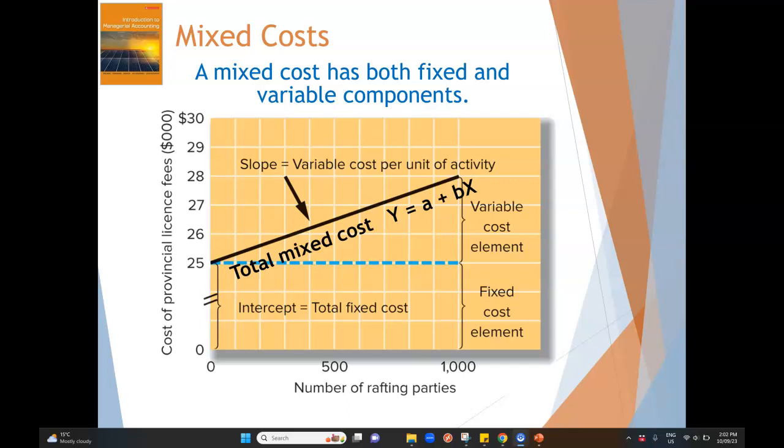Slope equals variable cost per unit of activity. So the total mixed cost is y equals a plus bx.